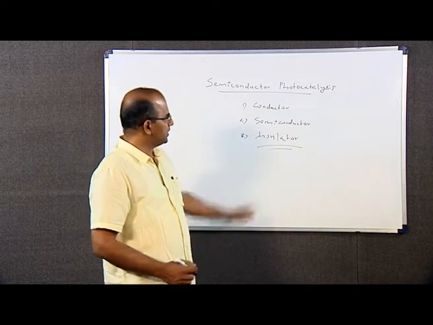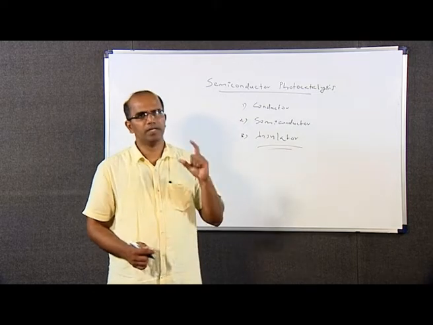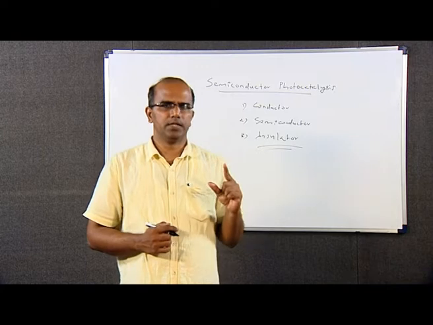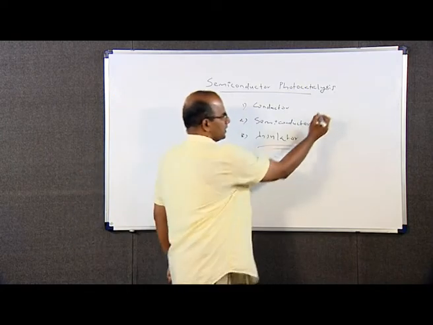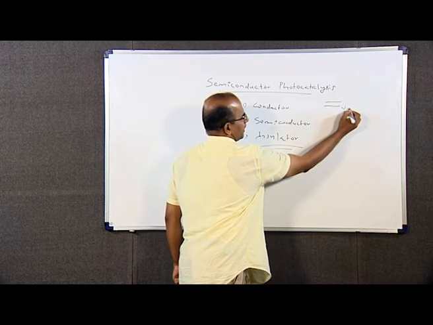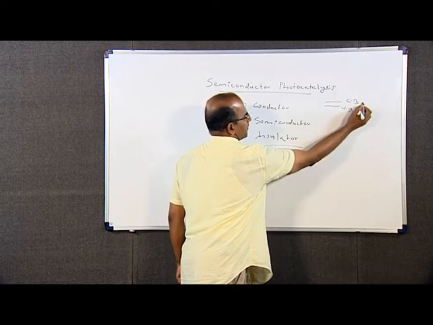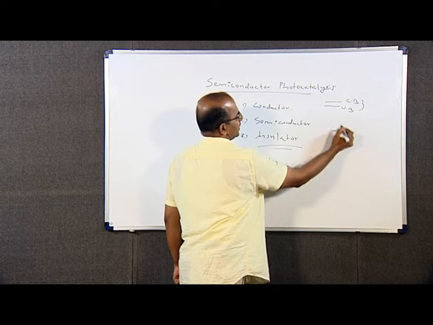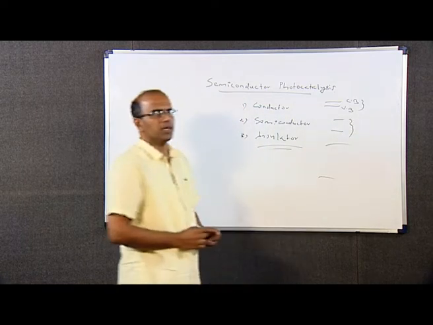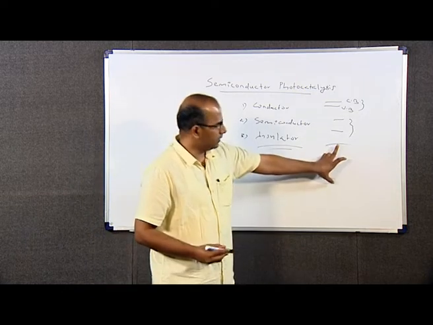This classification is based on the energy gap between the valence band and the conduction band. In the case of a conductor, the gap between the valence band and conduction band is very low. For a semiconductor, it is medium, and for an insulator, it is very large.